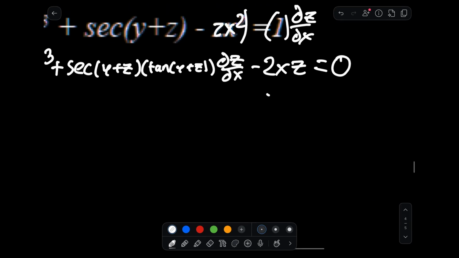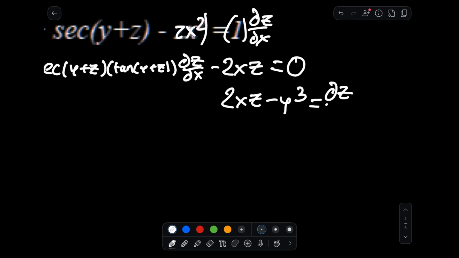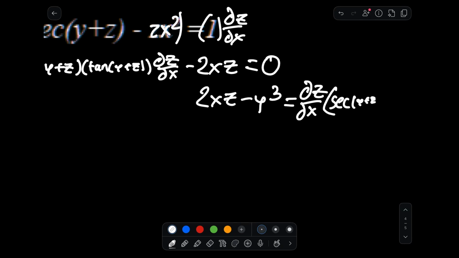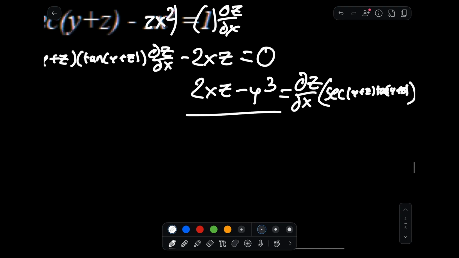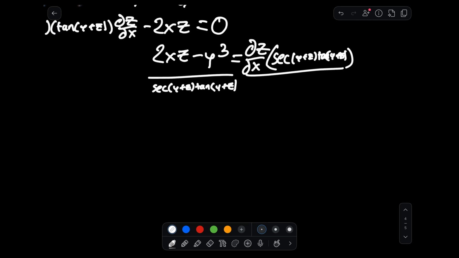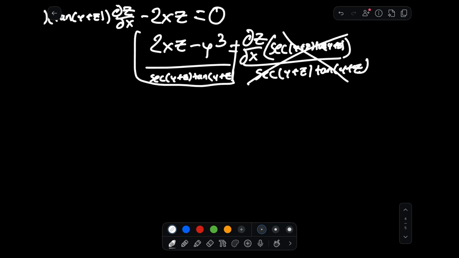And then we have 2xz minus y cubed equals del z del x times secant y plus z tan y plus z, divide everything over, and then we can get our answer for this new expression.